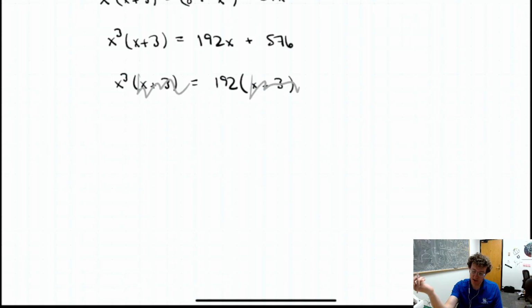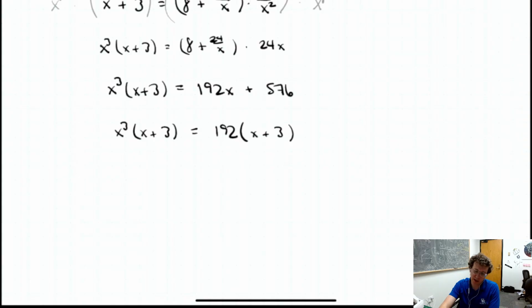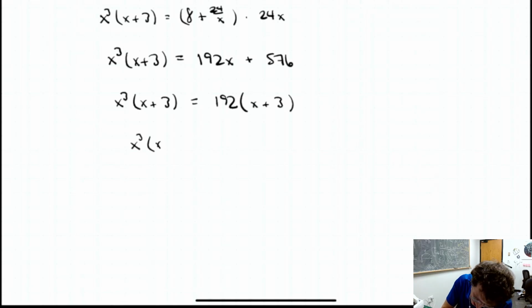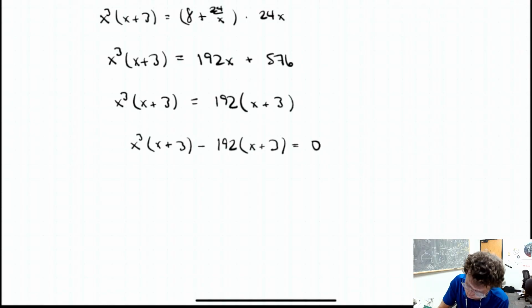So when you cancel things with x's, you actually destroy solutions sometimes. Now, in this case, that's not much of a problem because -3 is not in the domain, so -3 is not a solution that we're looking for. So you could get away with it here, but I want to do this properly. It's just a good practice to not cancel.